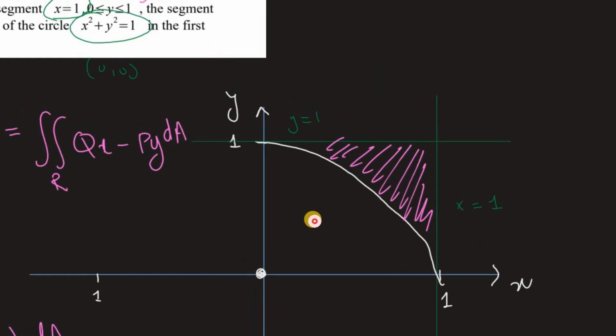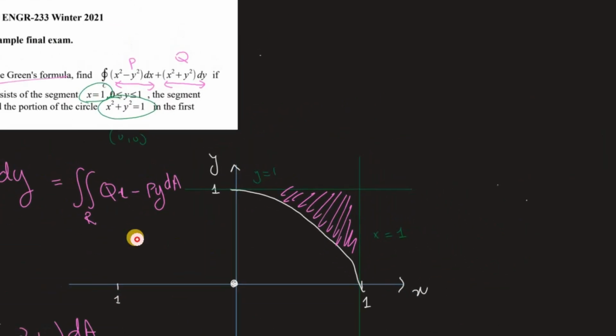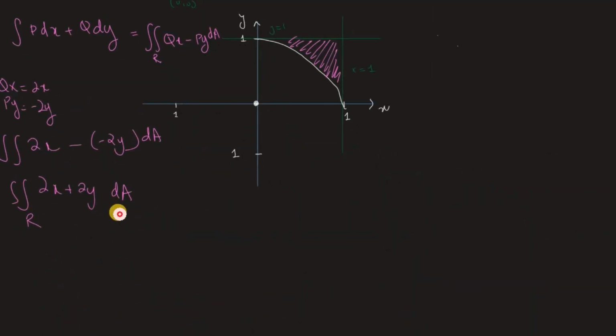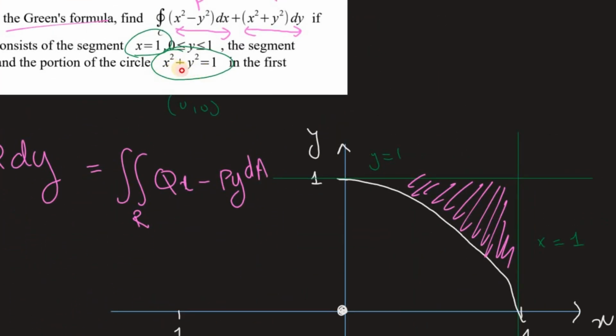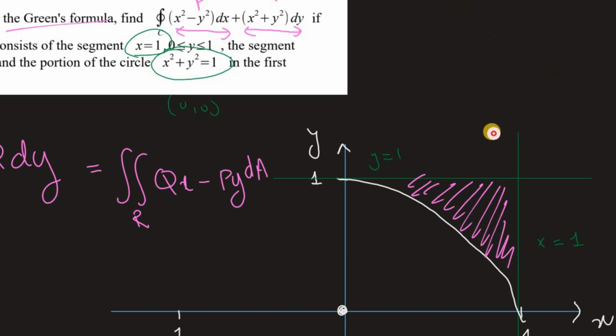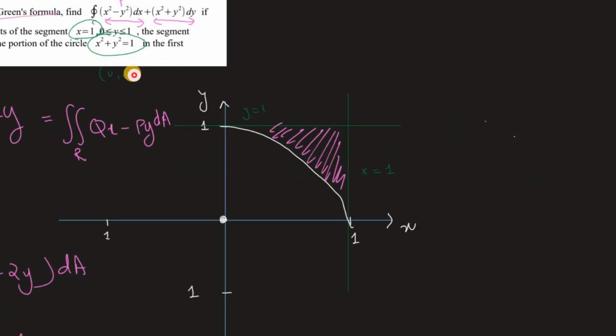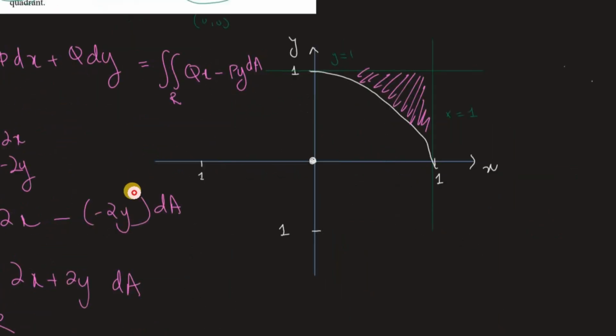But if we use the rectangle region, this is gonna be really hard for us, because it involves square roots, because we need to solve for x and we need to solve for y, and then it's gonna involve a lot of integrals, and it's gonna make it really hard for us.